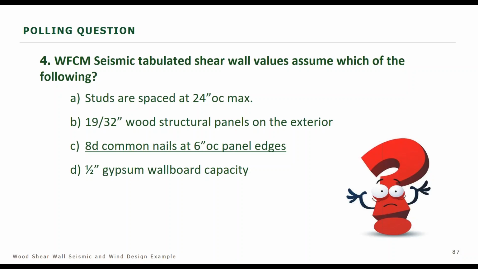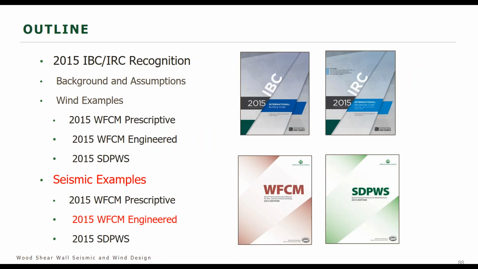And then on the gypsum wallboard, we do not include that when we're doing our seismic design. Those are the simplified assumptions that we're using when we're designing these or determining the prescriptive design.